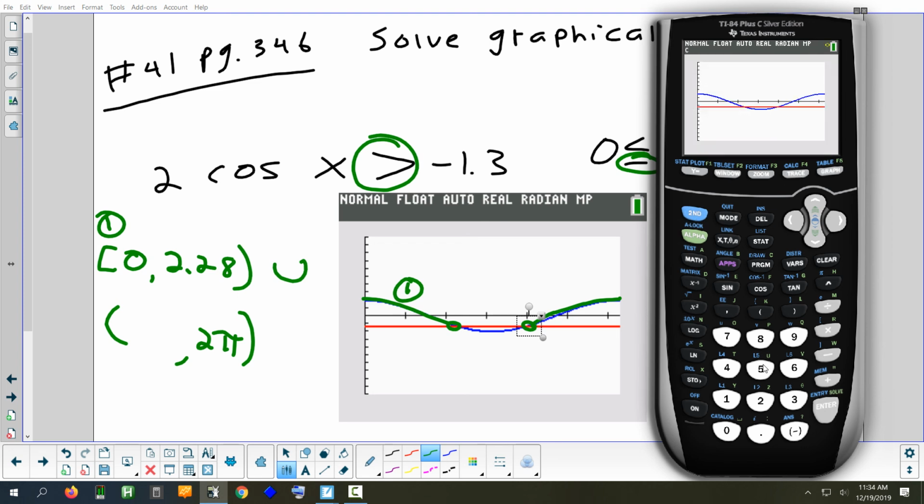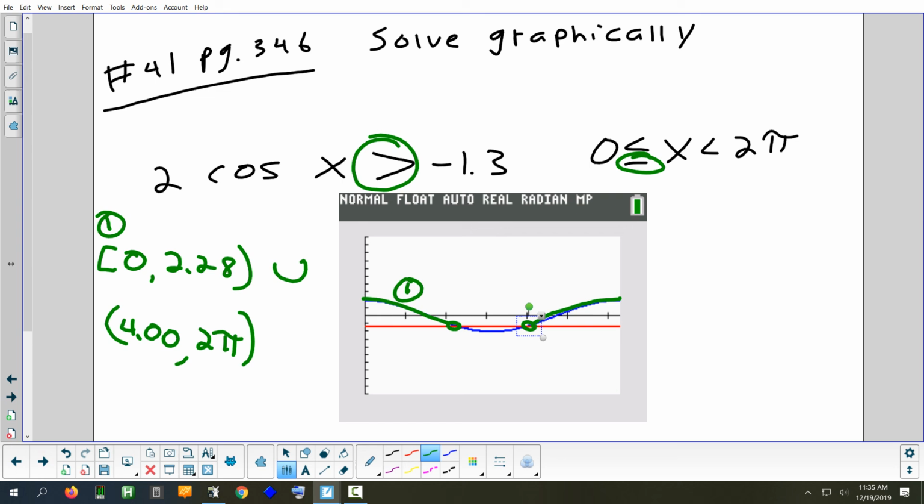Second calc, intersect. Once you're more than halfway towards it, I think you're good. It'll gravitate towards that one. 4.00. And that's interval 2.